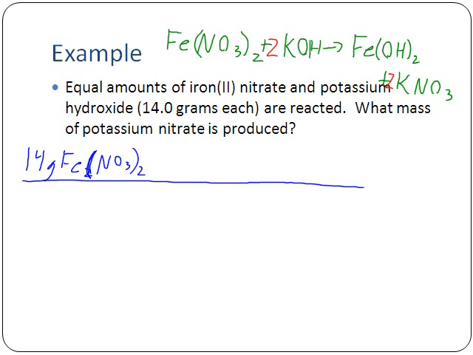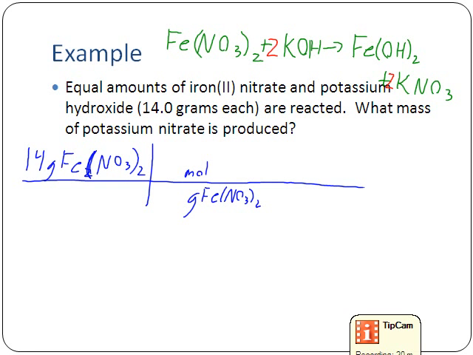First step is I want to go from grams of what I start with, Fe(NO3)2, to moles of Fe(NO3)2. To do this, I'm going to have to find the molecular mass of iron 2 nitrate. And so I know here I have one iron.